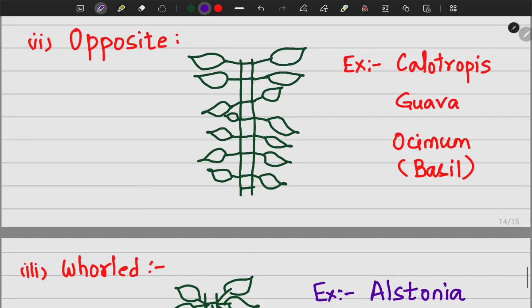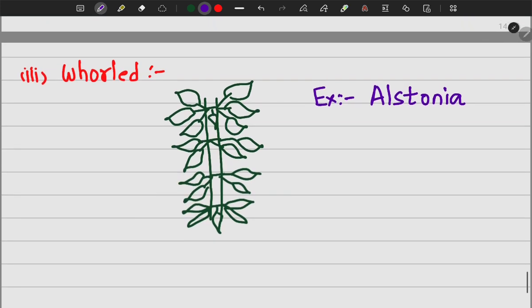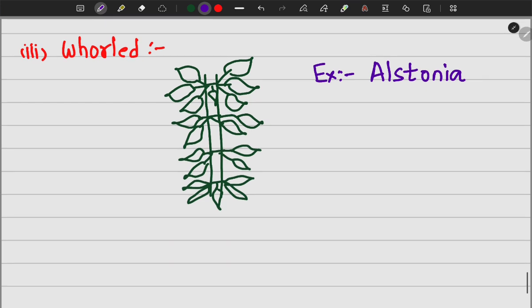In opposite type, a pair of leaves arise at each node in an opposite way. Examples are Calotropis, guava and ocimum or basil. In the whorled type, 2 or more leaves arise at each node in the form of a whorl. Example is Alstonia. Alright, so I hope phyllotaxy is clear.